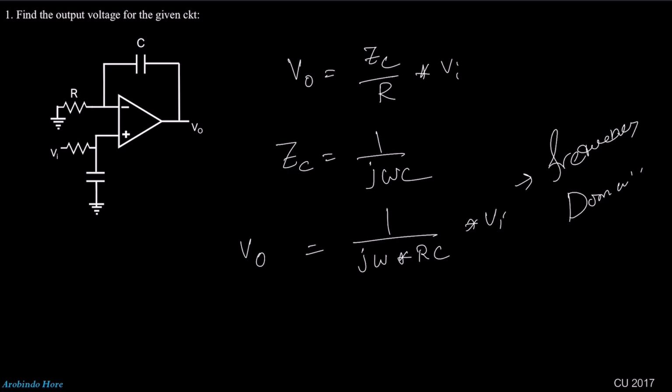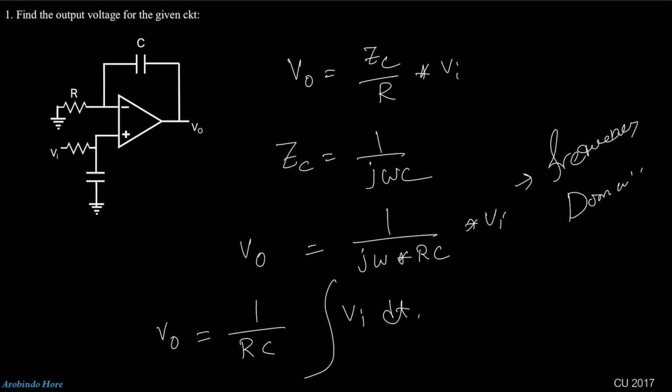I already told you in my integrator and differentiator video that this 1 by j omega in the frequency domain is the same as integration in the time domain. So if you do the calculation, in the time domain V0 will be 1 by RC integration Vi dt.